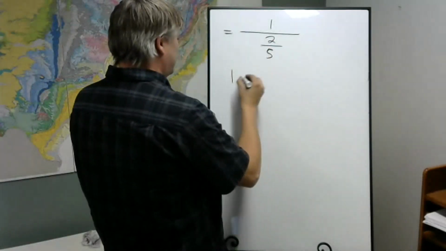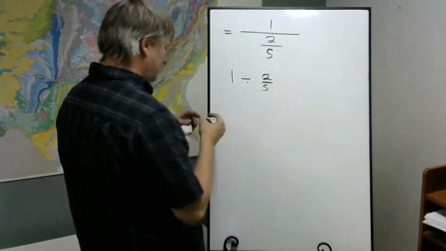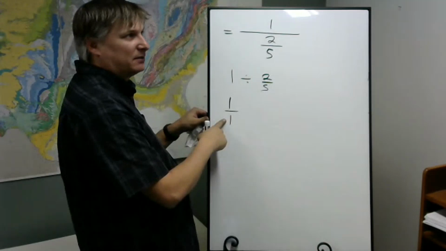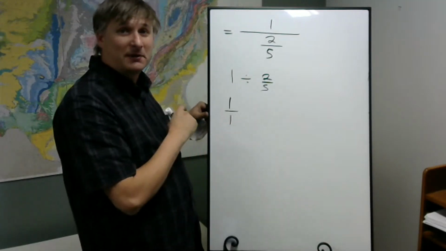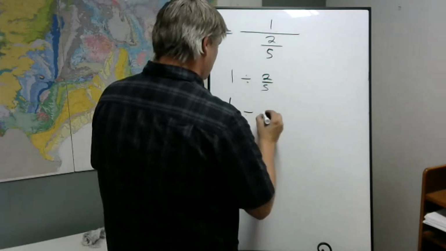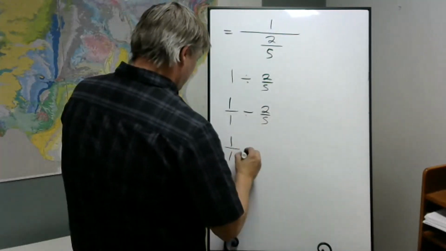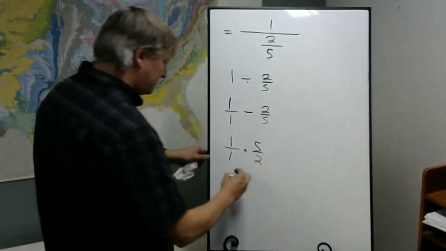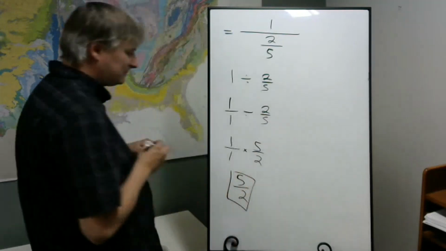We can take this as 1 divided by 2/5, or you can make it an improper fraction by giving it a denominator of 1. Multiply across, and you get an answer of 5/2.